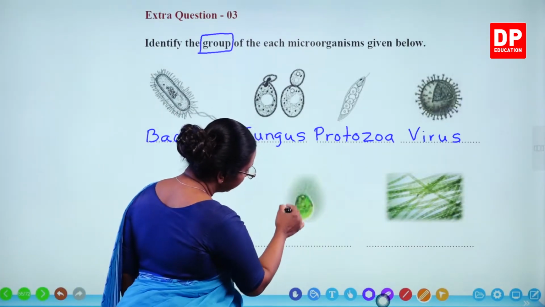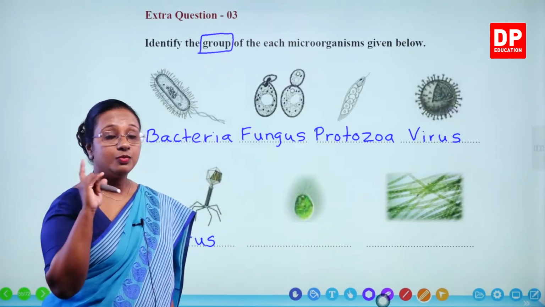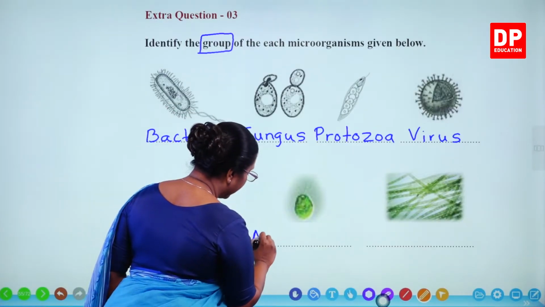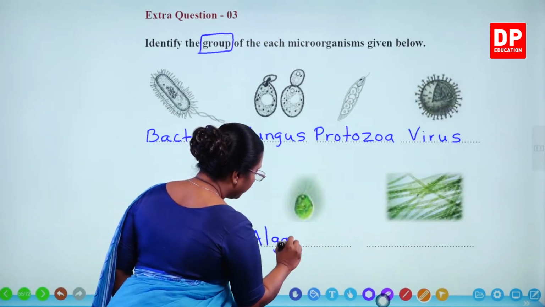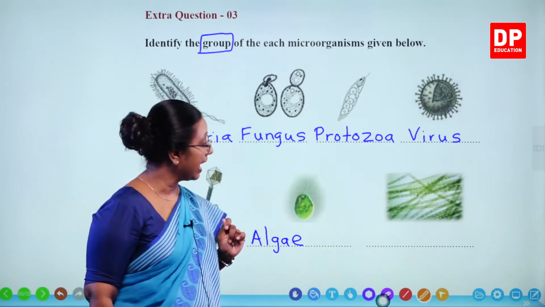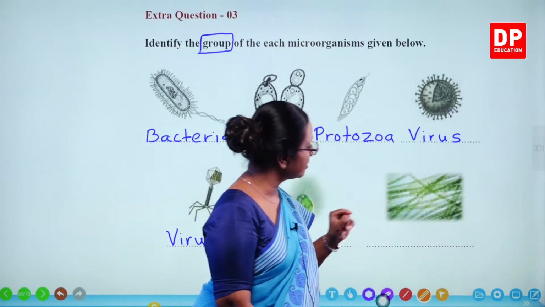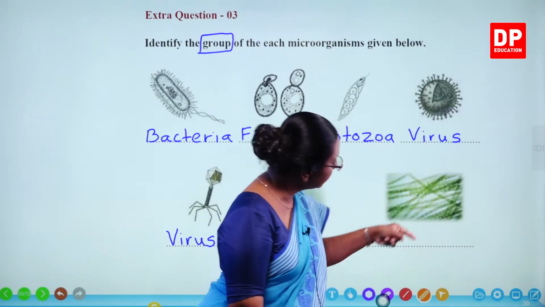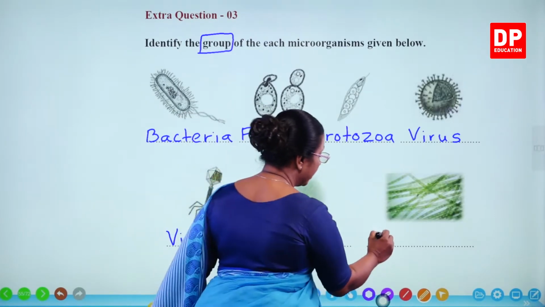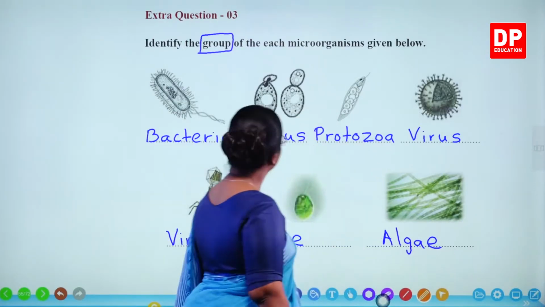You can see the green color. Lightly you can see the flagella there. One cell, Chlamydomonas. It is an algae. You don't write Chlamydomonas because you have to write the group. It is an algae. Then what is this? You can see the filamentous structure and the spiral nature. It's Spirogyra, but that is also an algae. So we have to write it as algae.